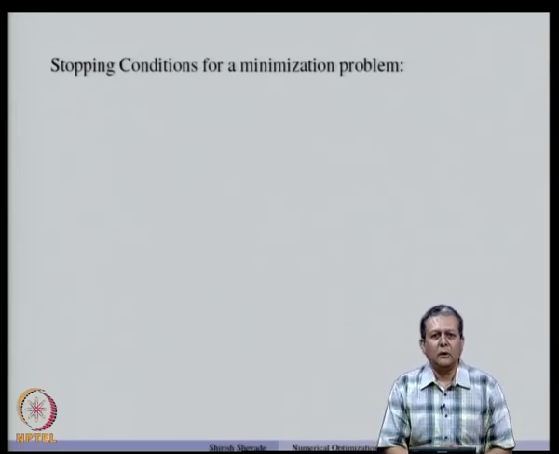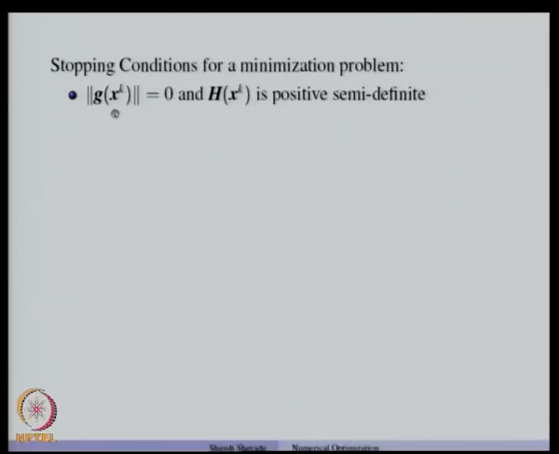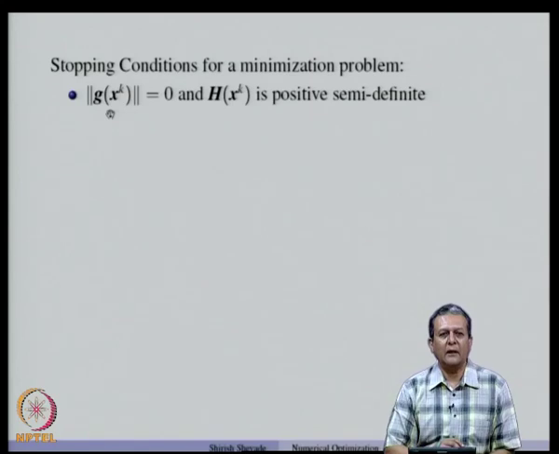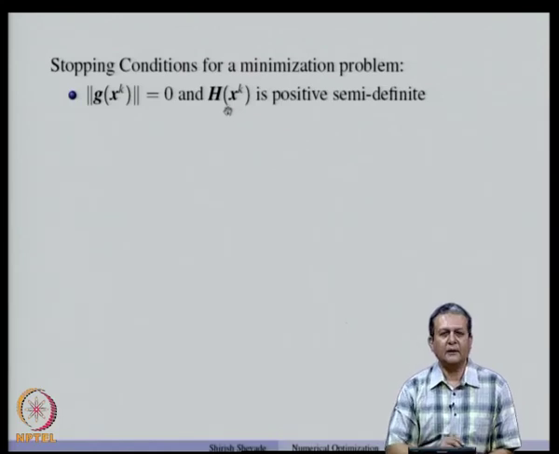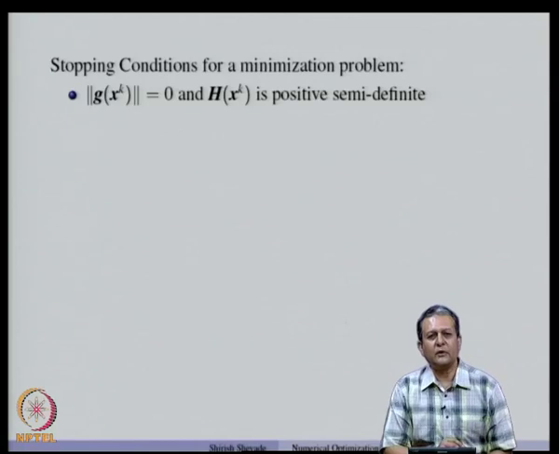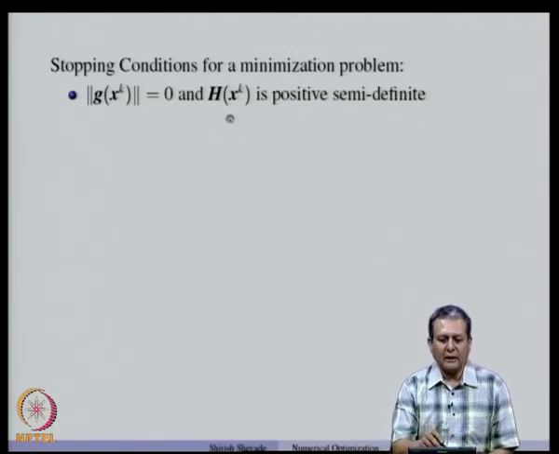Now, as we saw in the last class, the second order necessary conditions for the existence of a local minimum are that the norm of the gradient at x k should be 0, and the Hessian at x k should be positive semi-definite. Many algorithms that we are going to study do not use the second order information.